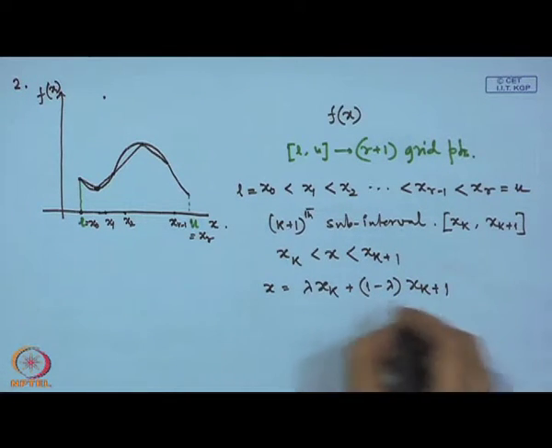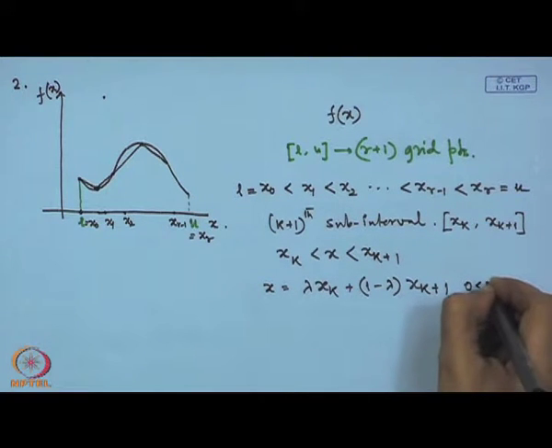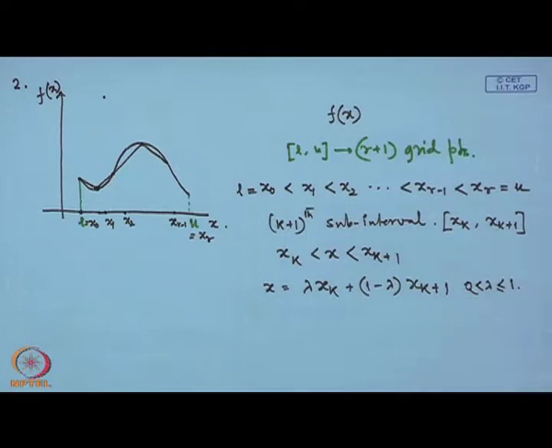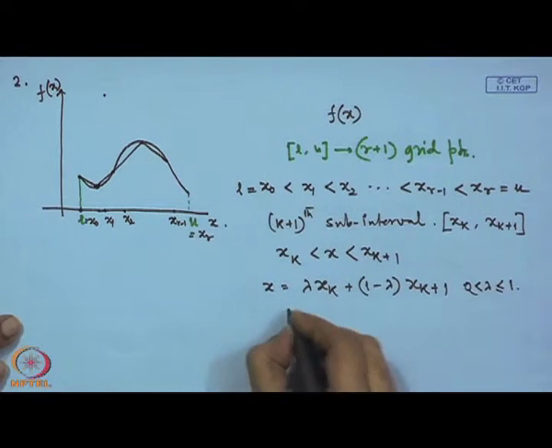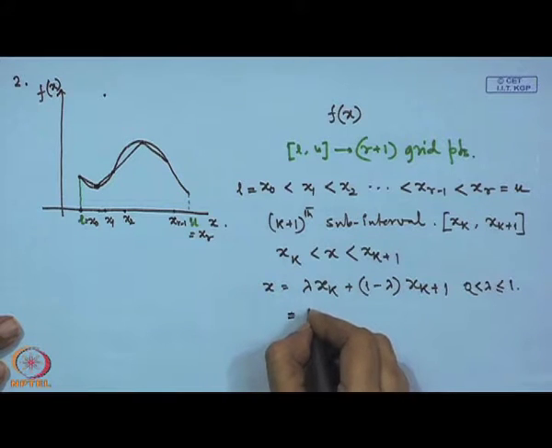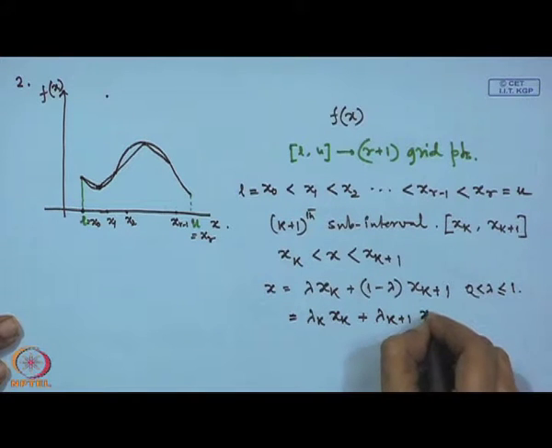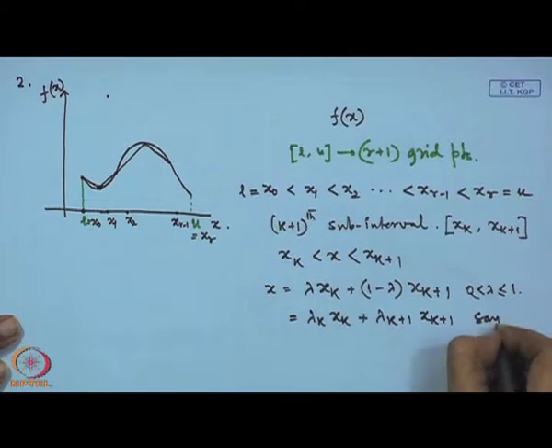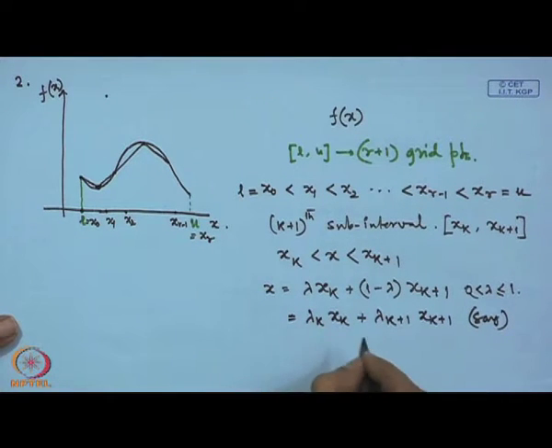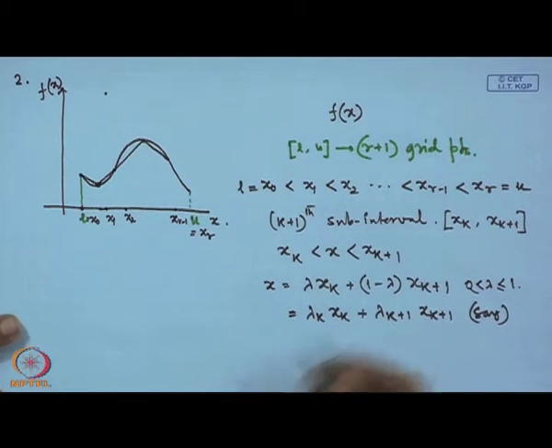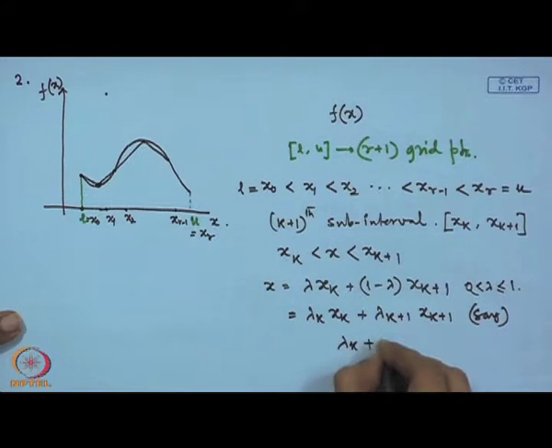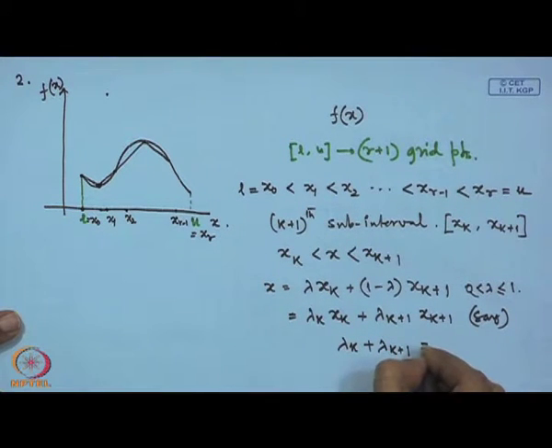For a linear combination, lambda must be between 0 and 1. So I can write this expression as lambda k xk plus lambda (k plus 1) x(k plus 1), where I introduce the lambda coefficient with the k index because I will extend this idea further. Just see the condition here: lambda k plus lambda (k plus 1) must be equal to 1.